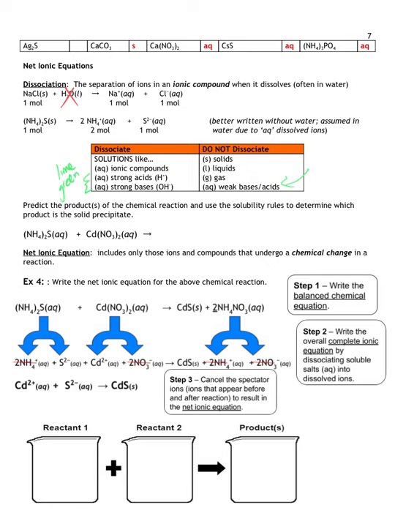So let's start off looking at an example. You've got ammonium sulfide and cadmium nitrate. If you look at this reaction, hopefully you can identify it as what is called a double replacement reaction.